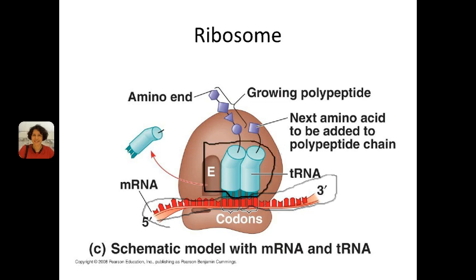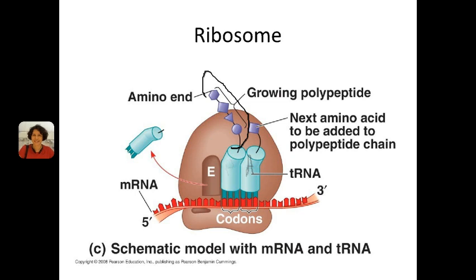One of them is now not occupied, so you see it's got the E. The P site is this one, and the A site is that one. So both the P and the A site are occupied at the moment. Notice that the tRNA that is in the P site is carrying the growing polypeptide.